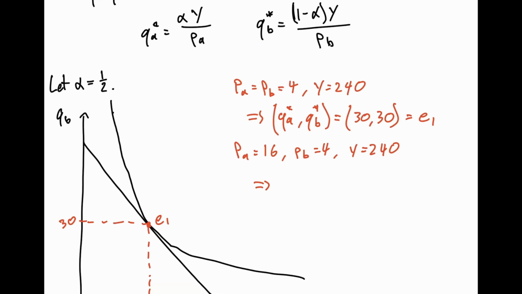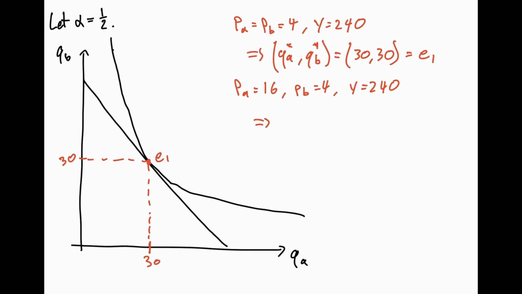So we already know the quantity for B is going to stay the same without even doing any math. But luckily I have numbers. Once we plug in these values into our demand curve, we get 7.5 and 30.